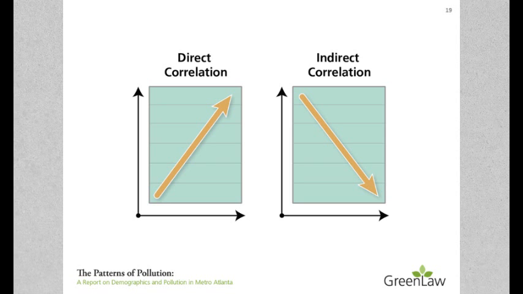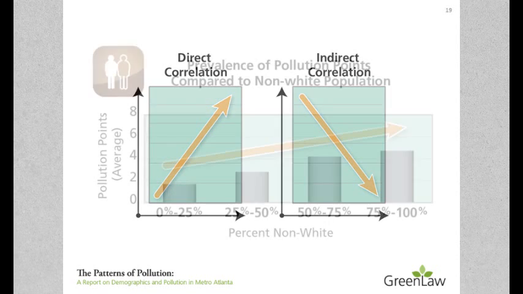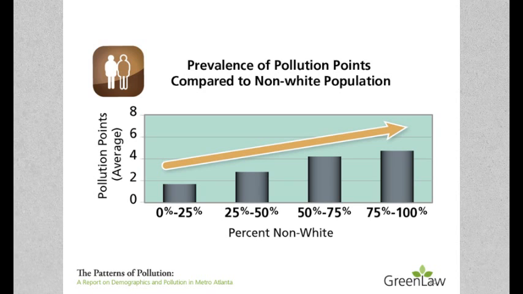And the first that you're going to see is the correlation between pollution points and race or non-white population. As the slide shows, there's a direct relationship between the number of pollution points in a block and the percentage of the population in the block that's non-white. So on your left, you're seeing the average number of pollution points in the block, and then on the bottom here, you're seeing the racial makeup of the block.